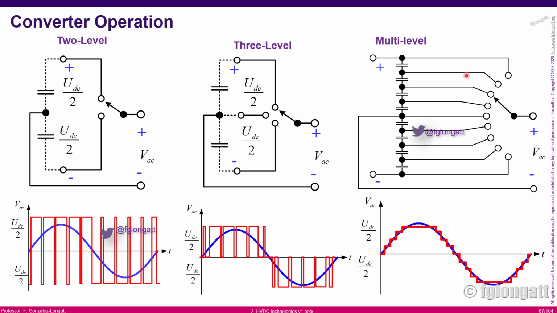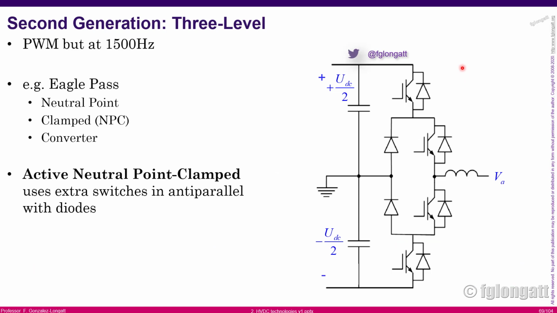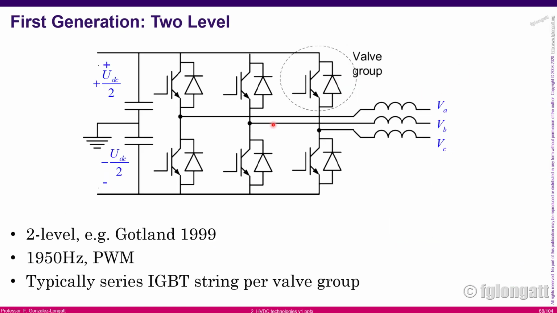And over here, that is the starting point for the multi-level. The multi-level started to be used in 1999 using a PWM signal and basically using IGBT, okay?